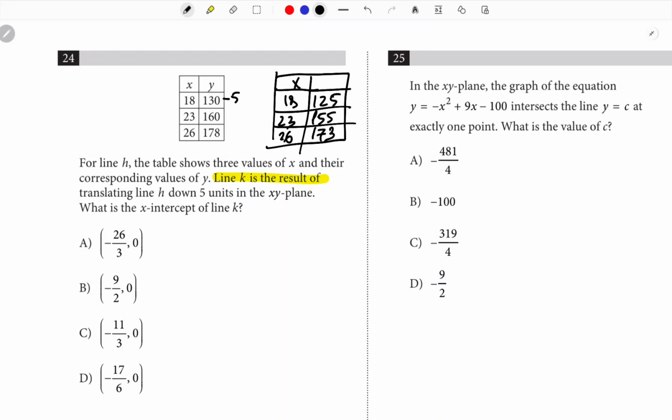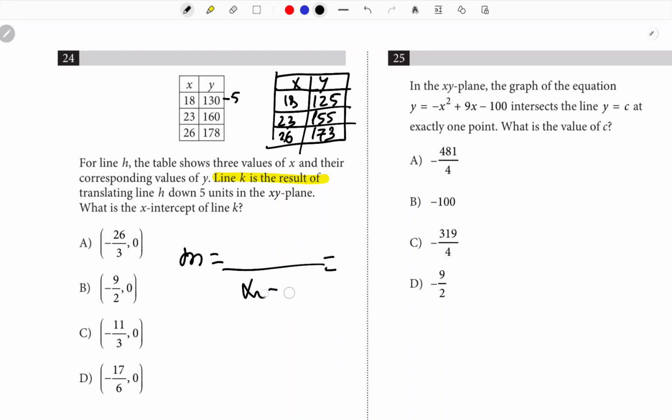So if I want to find the slope, M is equal to, for example, I take this one, y2 minus y1 over x2 minus x1.